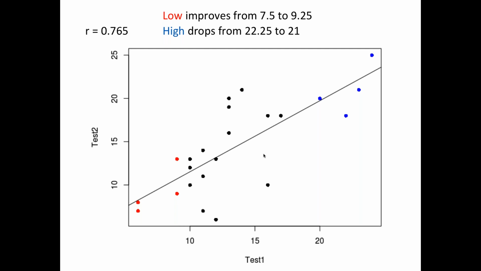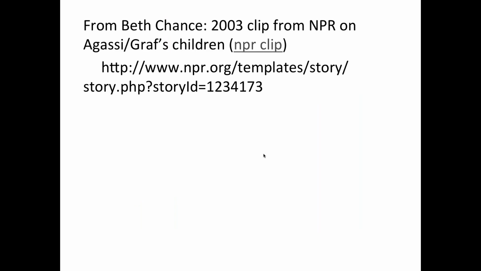That's evidence that R.A. Fisher's spirit can really help students improve. Sadly, though, it seems this improvement came at the cost of people in the blue group who dropped down from 22.25 to only 21 on the second exam. Regression effect, right? The chance error is changing from one exam to the next.